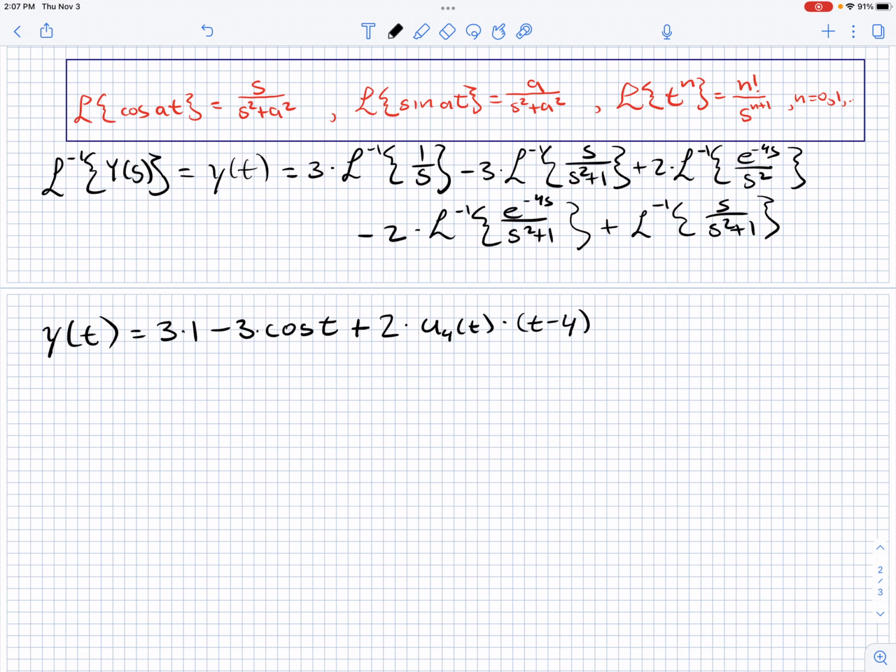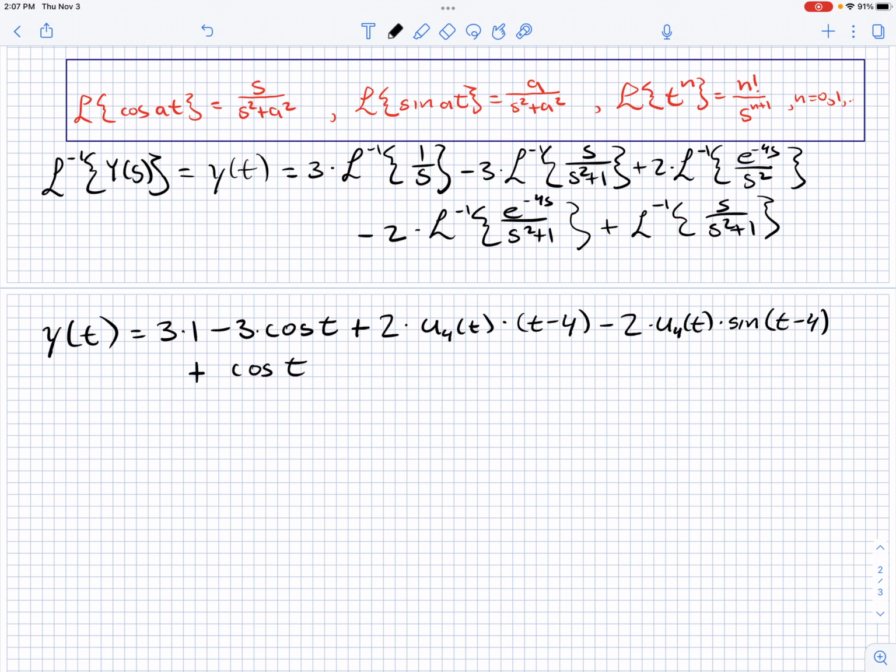And then similarly, minus 2 times, and then e to the negative 4 tells us there is a step function there, and this 1 over s squared plus 1 is related to the Laplace of sine, so we know that's going to be sine of t minus 4, because again, a is 4, and plus the inverse Laplace of s over s squared plus 1, which we already found and conveniently works out to be right under the other cosine.